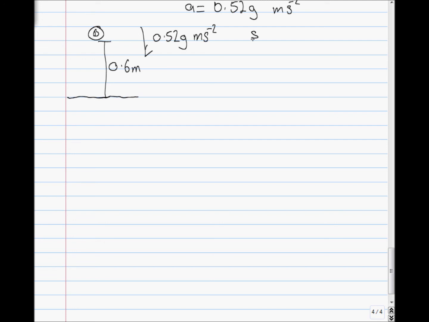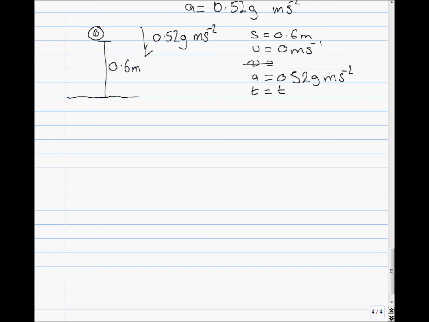Okay, so we've got SUVAT. We know that S is 0.6 meters, U is 0 meters per second because it is being released from rest. V, well, we're not going to need V. A is 0.52 G meters per second squared, and T equals time, because that's what I want to know.